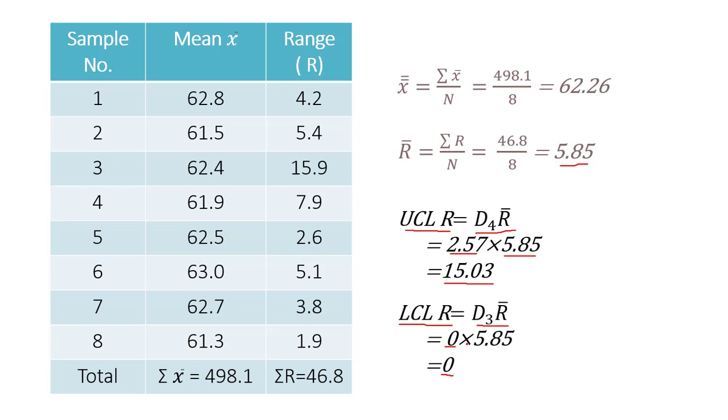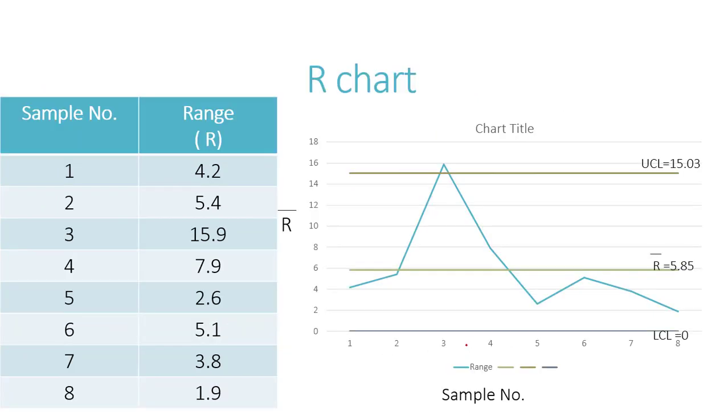So now we can draw the R chart. To draw the R chart, we will put the sample numbers, 1 to 8, on the x-axis, and on the y-axis we will put the value of range. To draw the R chart, we need to first draw the line of the upper control limit.